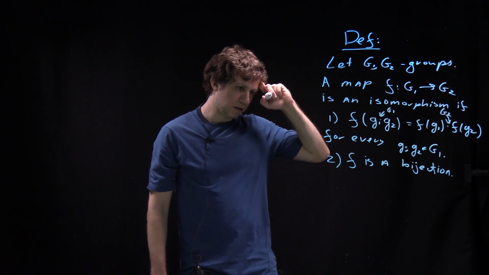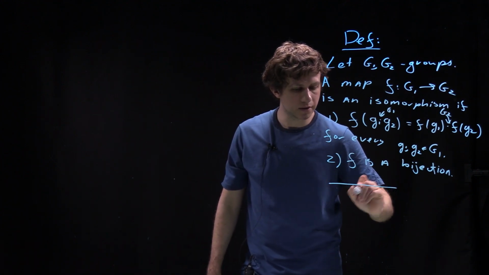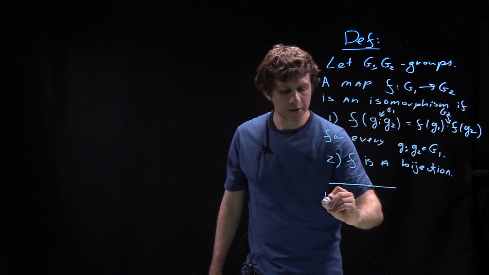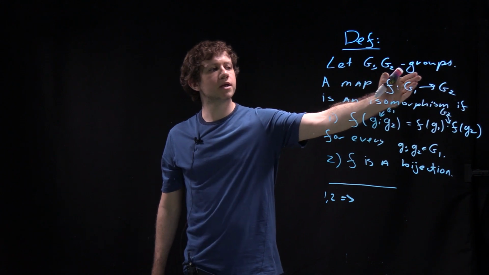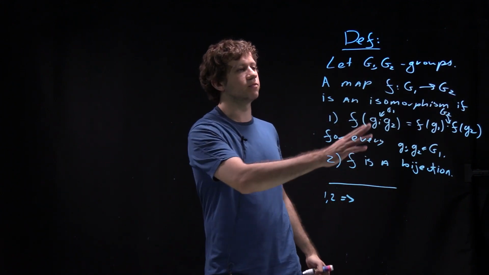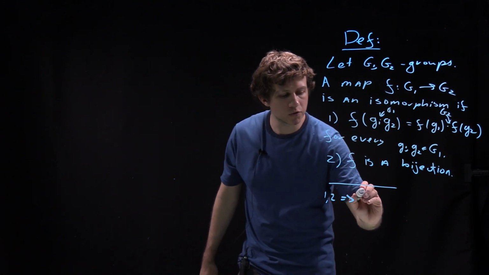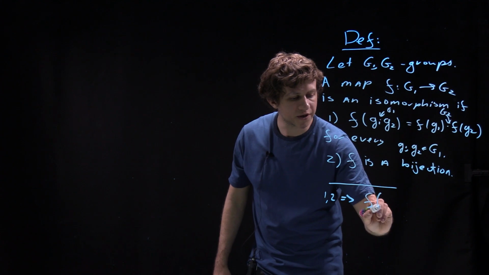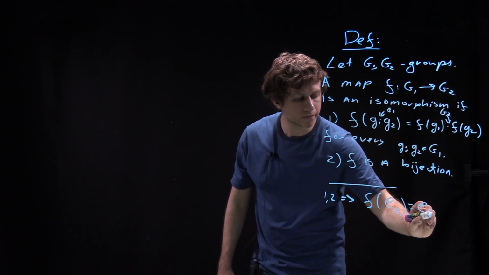So let me immediately point out the following. So 1 and 2 imply that. I said that F should mean that G1 and G2 are the same, but you might ask, okay, but what about units? What about inverses? So it's easy to see that 1 and 2 imply that F of a unit, and I mean a unit in G1, is a unit in G2.